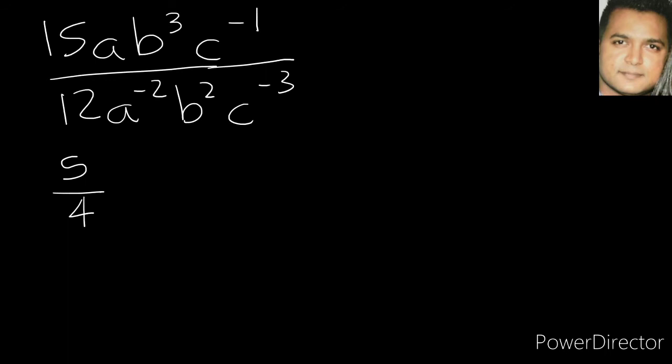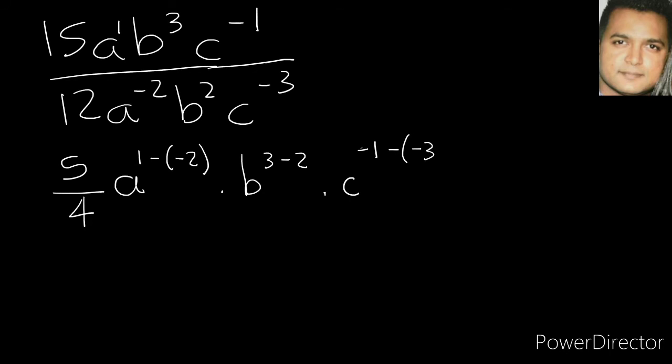Thereafter we can write the rest of these terms in this form, where we say a to the power 1 minus minus 2. So it's basically, all I'm saying is the top, a to the 1, minus the bottom. So remember, it's minus minus 2, times b to the 3 minus 2, times c to the minus 1 minus minus 3.